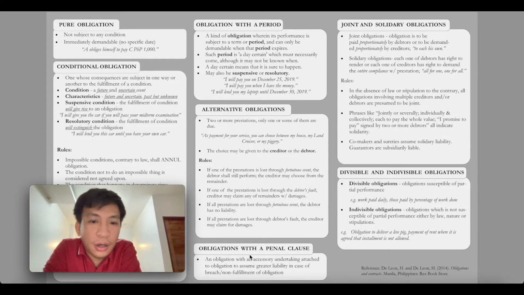So, yun nga, the rules are as follows. Kung isang nawala, pwede pong pumili si creditor out of the remainder. Depende kung fortuitous event, the creditor may choose from the remainder. Kapag fault ni debtor, the creditor may claim from the remainder with damages naman. Kung nawala lahat through fortuitous event, walang liability si debtor. If nawala lahat because of the fault of the debtor, the creditor may claim for damages.